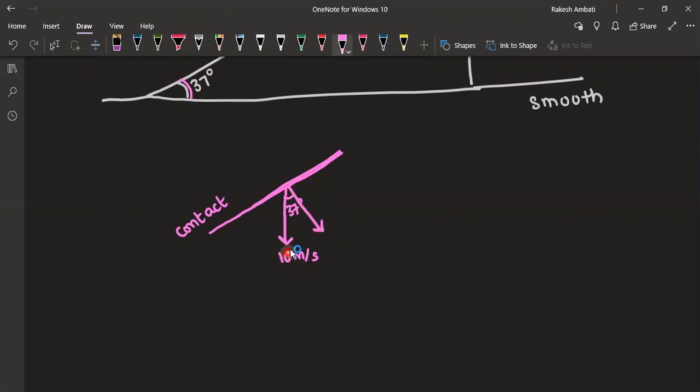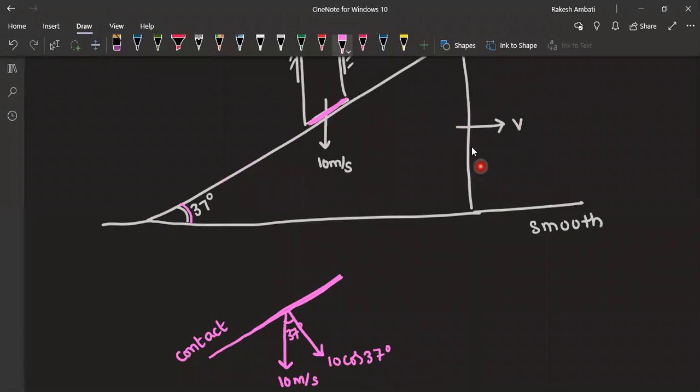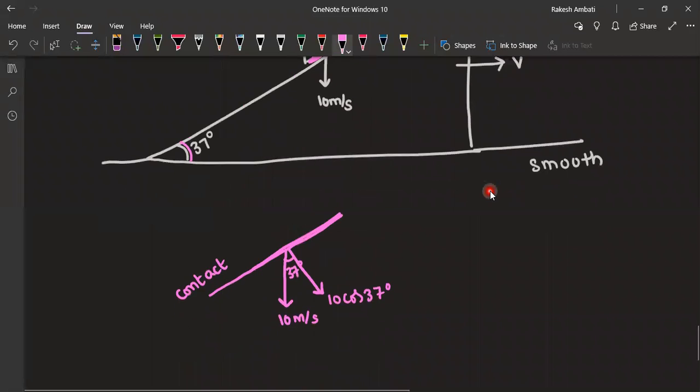If the rod's velocity is 10 meter per second, the component along the normal is 10 cos 37. 10 sin 37 is not necessary, because only along the normal do we consider the velocities or accelerations. Then the wedge velocity is exactly horizontal.